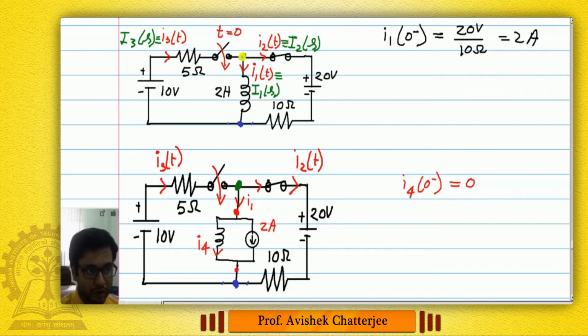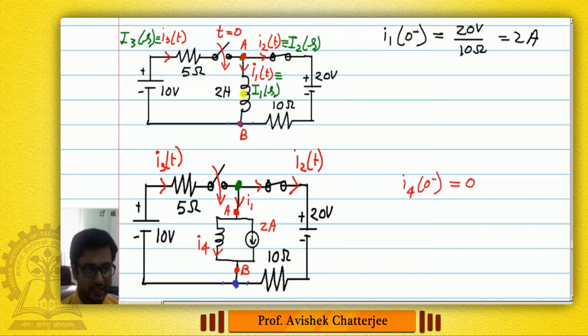If I call this terminal A and this terminal B, from outside of AB you cannot see any change.